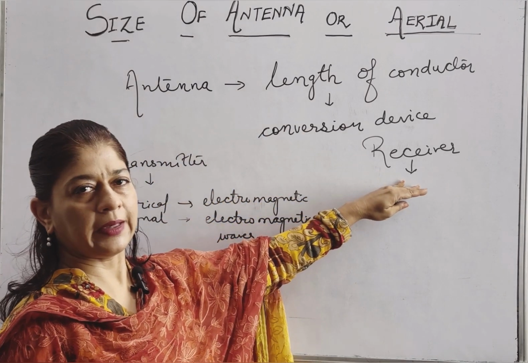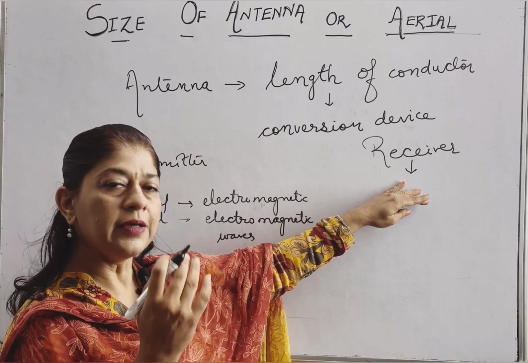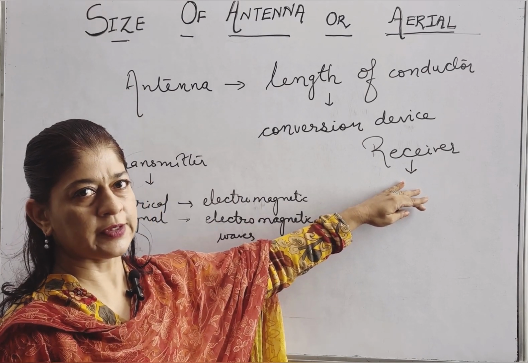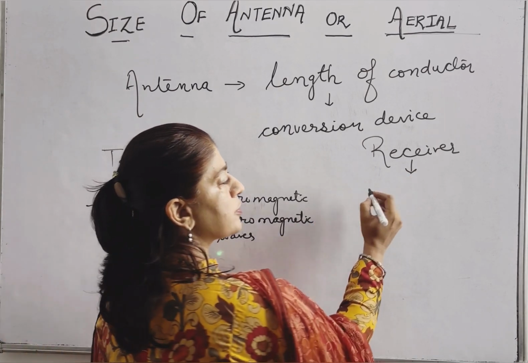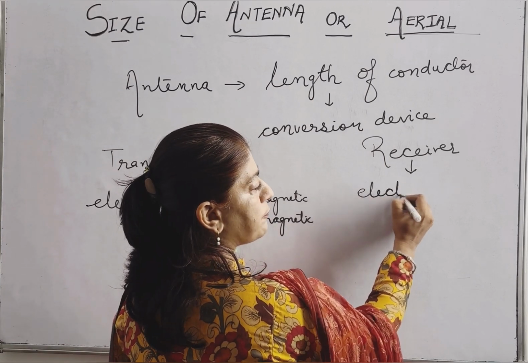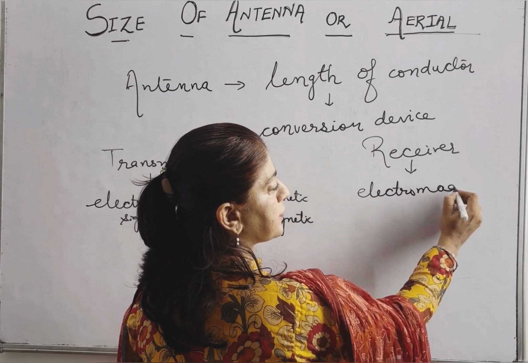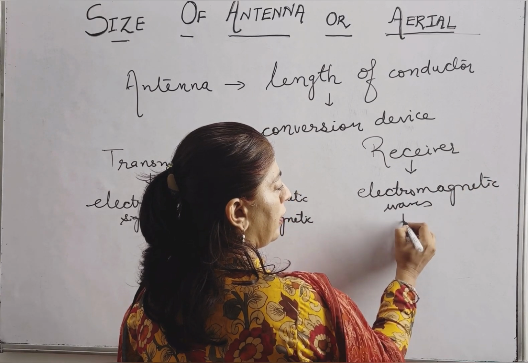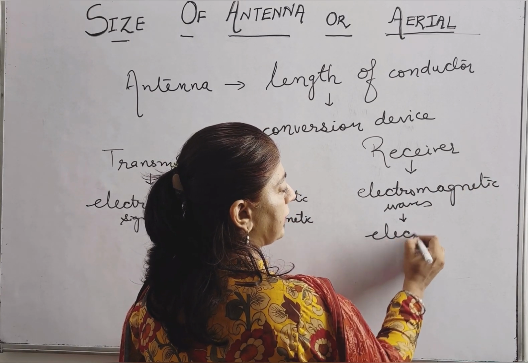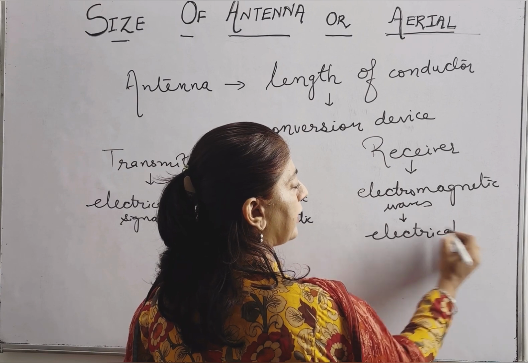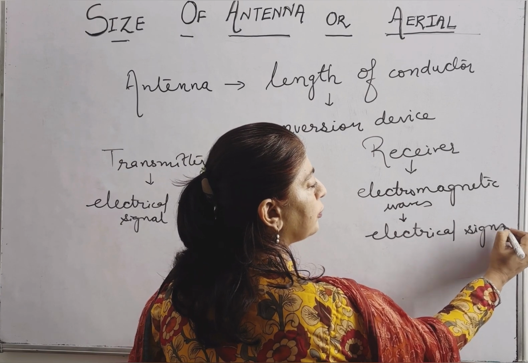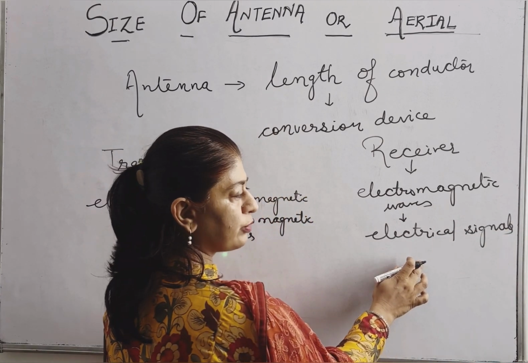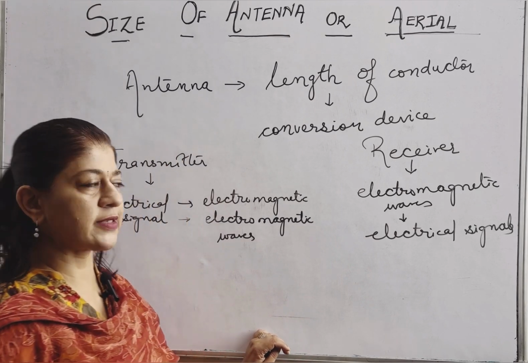At the receiver end, the antenna intercepts the incoming waves and converts those received electromagnetic waves into electrical signals, and then it feeds those electrical signals to the receiver circuit.